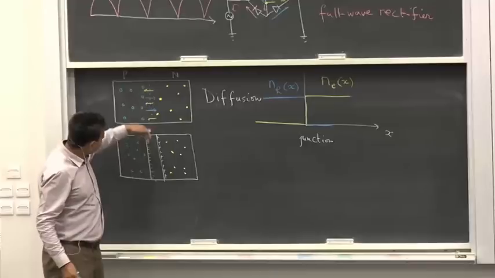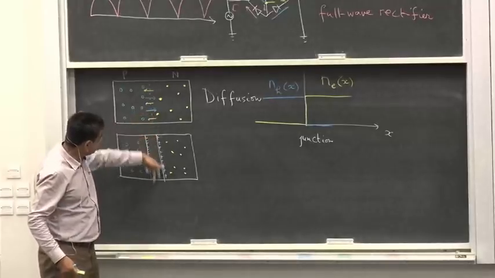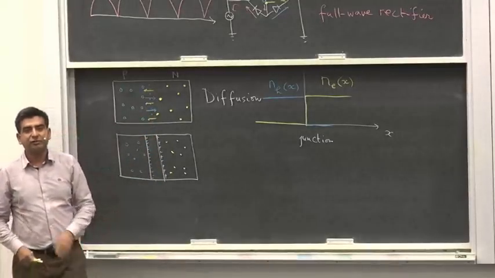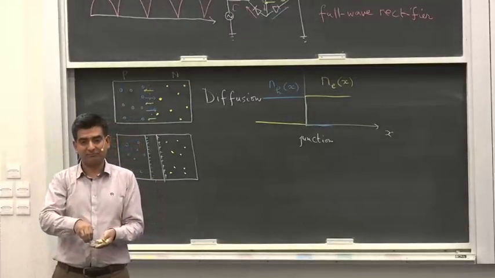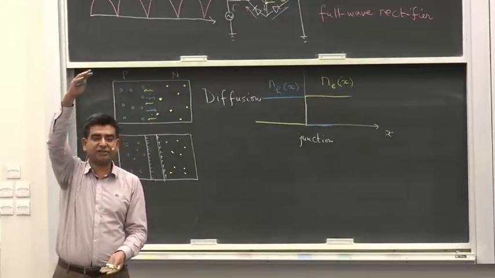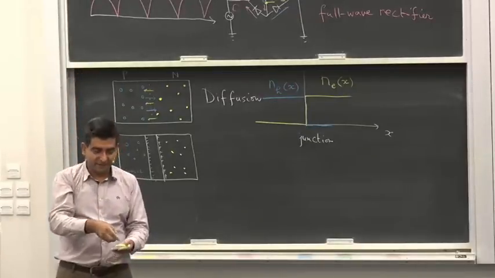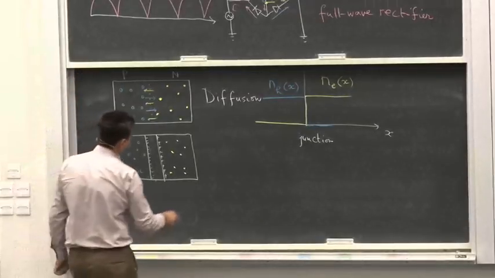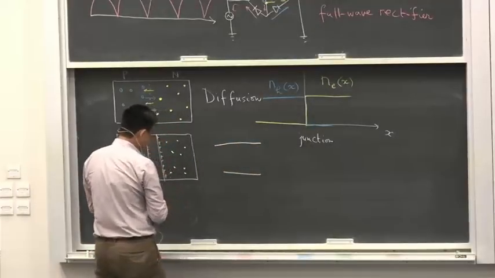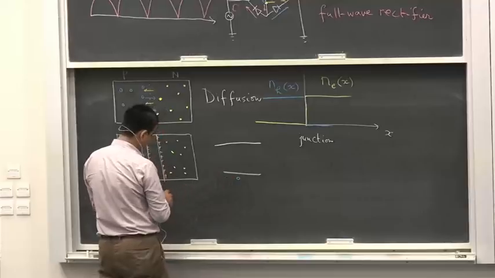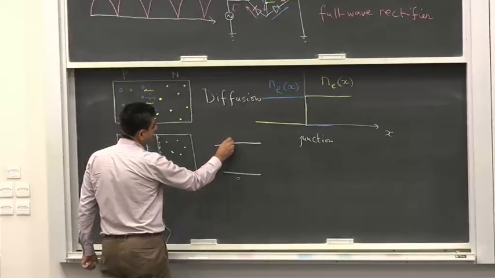Now what are the charges inside this region of the crystal? No charge, because an electron has fallen into a hole. An electron inside the conduction band has dropped down into the valence band. So if I draw a band structure picture here, this was a hole to start off with. This is an electron.